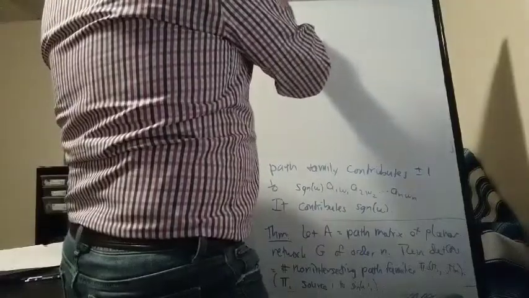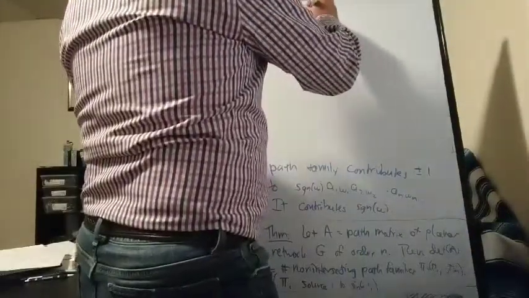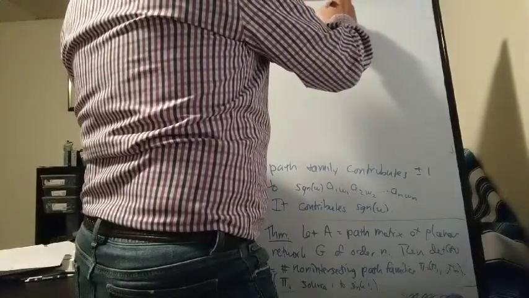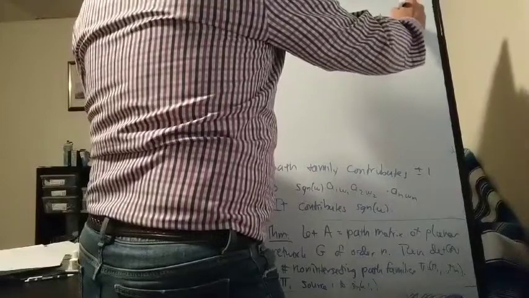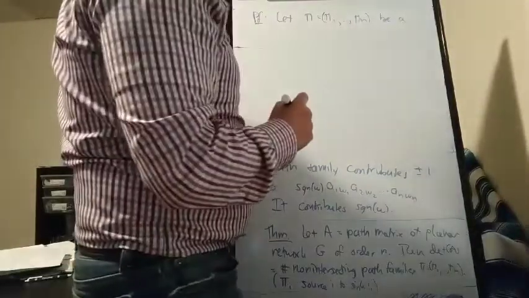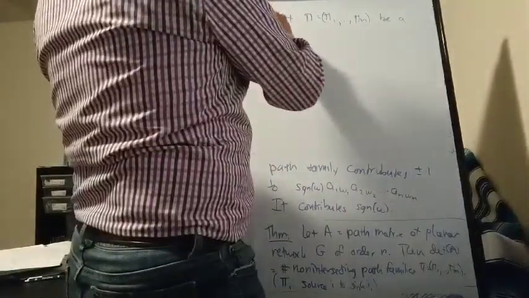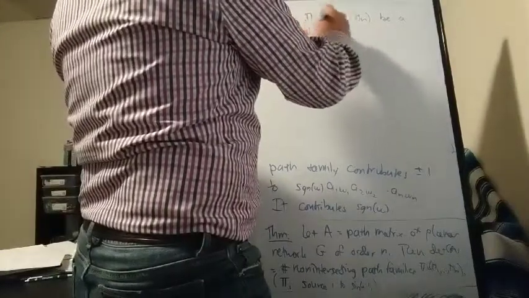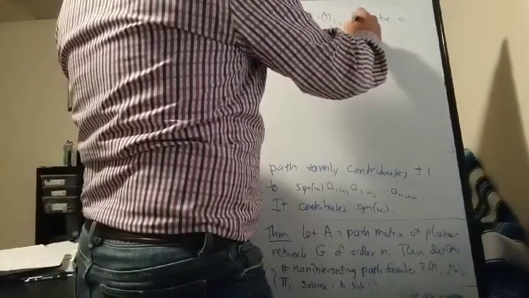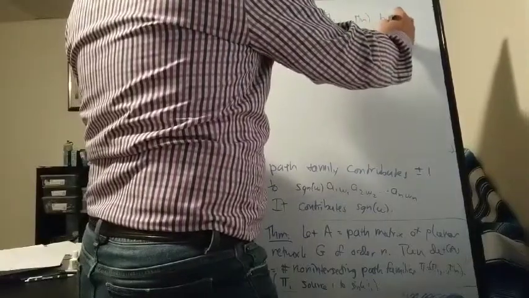All right, so to prove this, let pi 1 through pi n be a family of n paths of type w in Sn.